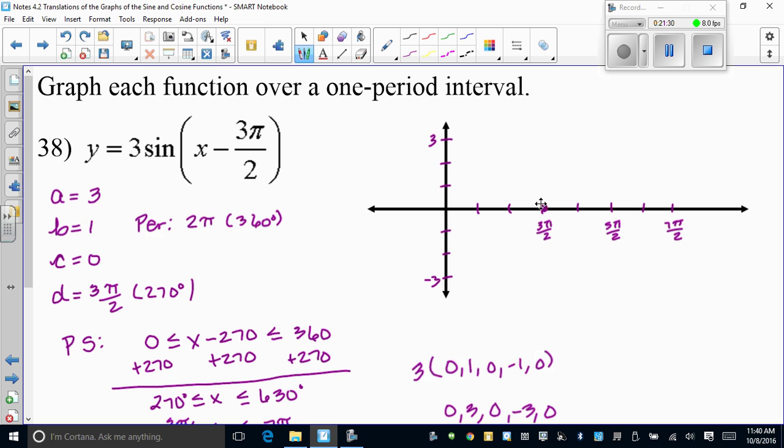If these other points over here are going to throw you off, erase them after you get it set up. So 0, then up to 3, back to 0, down to -3, and back to 0. And then we do our best to get a nice curve going on here.